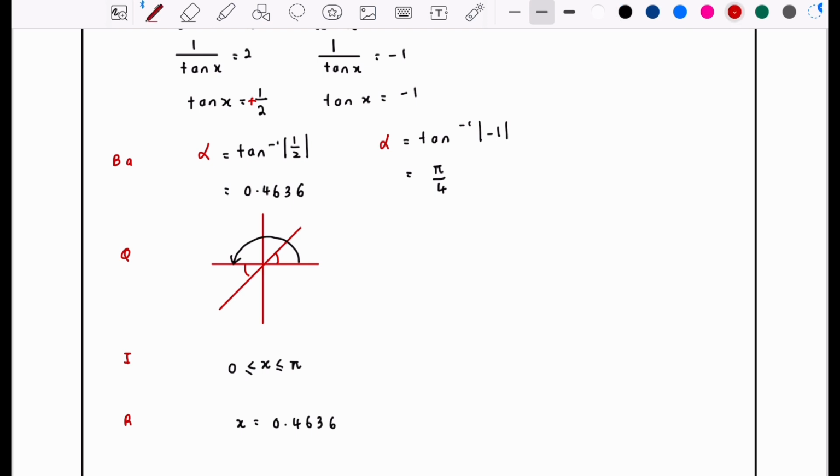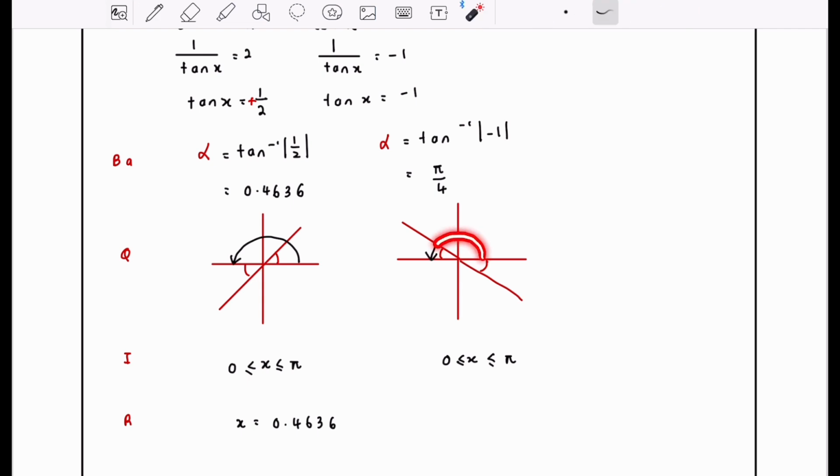Then check the quadrant. We have tangent negative. Tangent will be negative if it's in the second and the fourth quadrant. And for the interval, since x is between 0 and pi, the only angle that we can find is in the second quadrant.